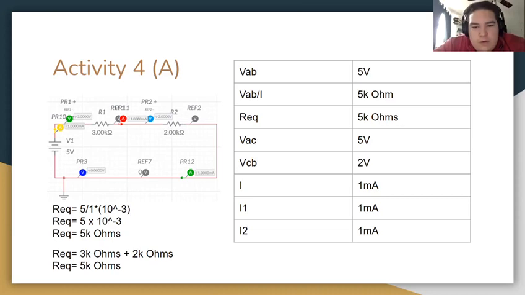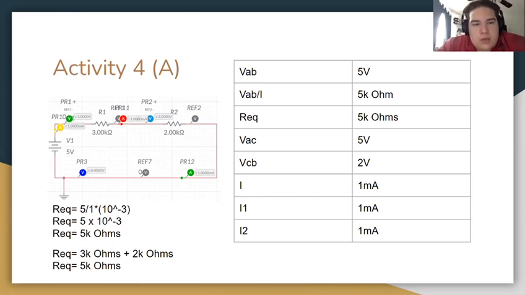The voltage between A and C is 5 volts, and the voltage between C and B is 2 volts. The current at the top, between the two resistors, and at the bottom, all three had a value of 1 milliamp.